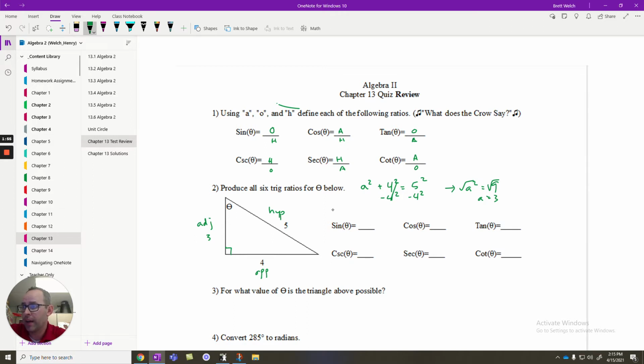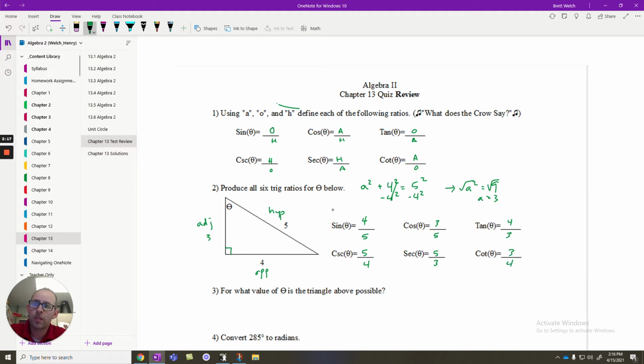That doesn't simplify. Here the sine is the opposite, which would be 4 over the hypotenuse of 5. And the cosecant is the reciprocal, 5 over 4. Cosine is the adjacent, 3 over the hypotenuse 5. And secant is the reciprocal. Tangent is opposite, 4 over adjacent 3, and cotangent is 3 over 4.